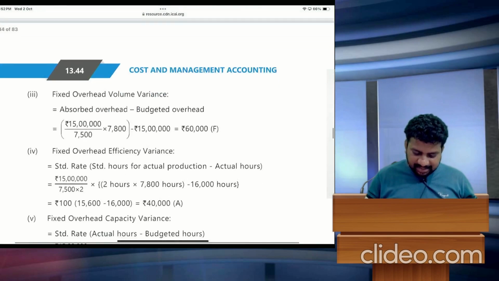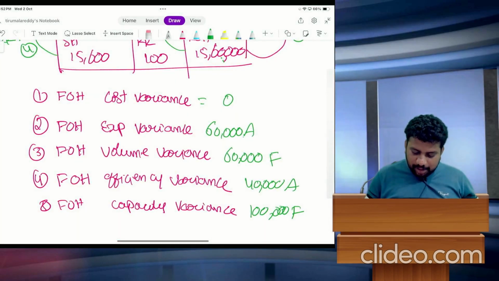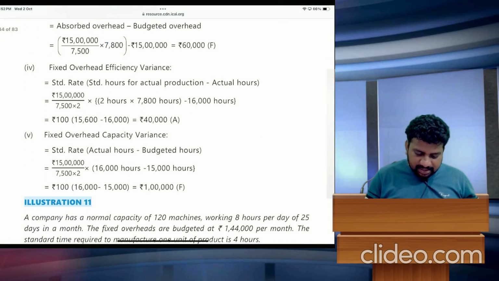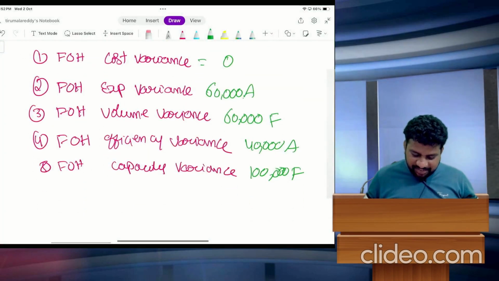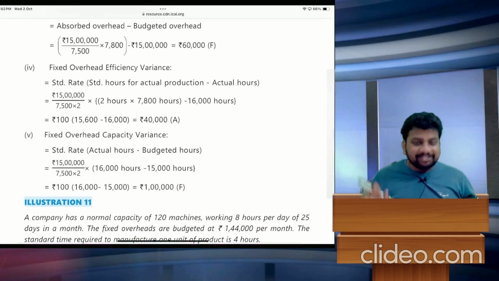Third one, volume variance 60,000 favorable. Next, efficiency variance 40,000 adverse. Capacity variance 1 lakh favorable. So capacity variance here is also favorable.